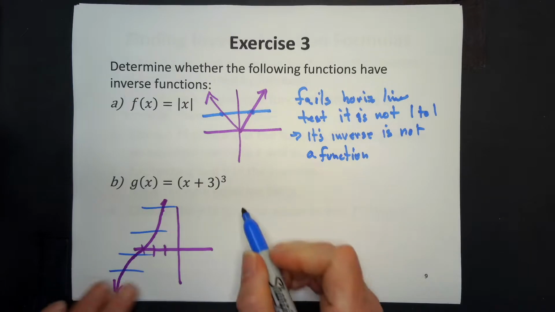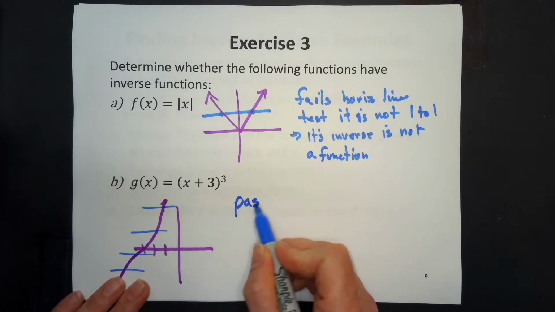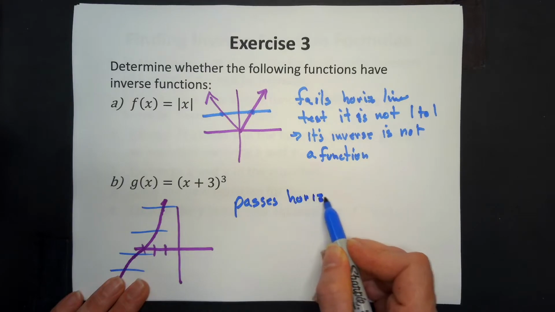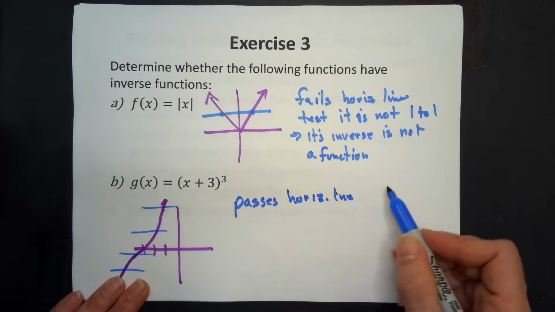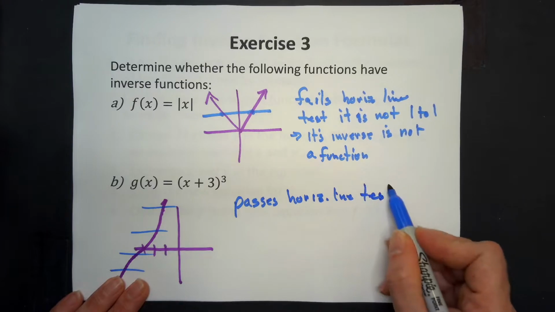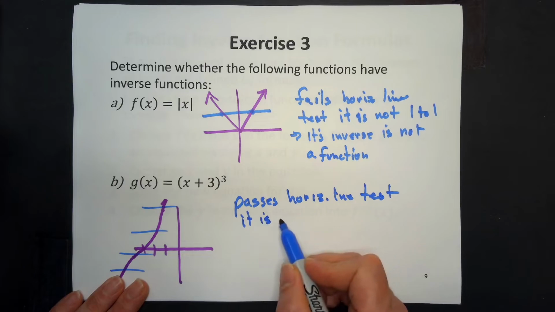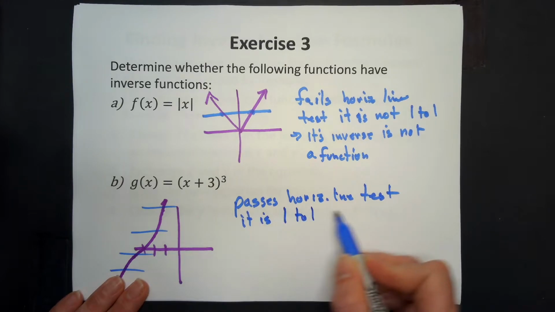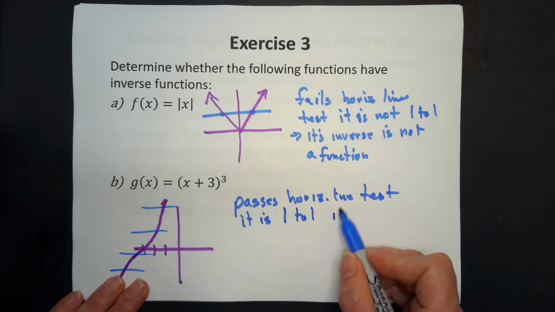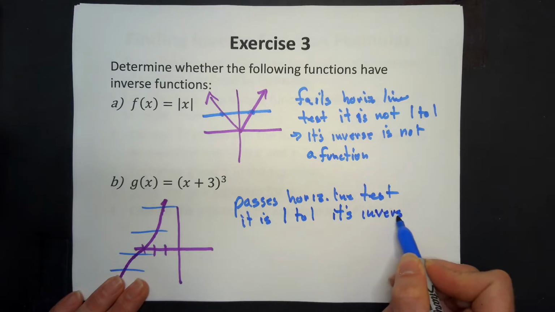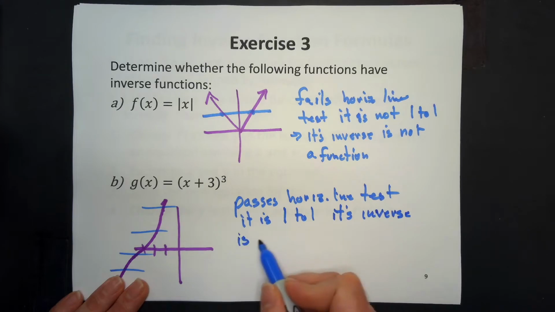So it passes the horizontal line test. It is one-to-one, and its inverse is a function.